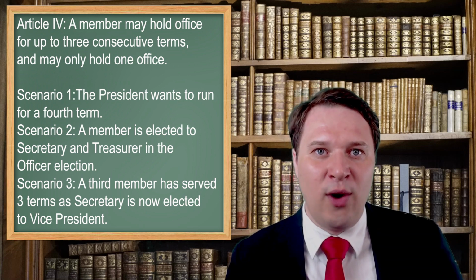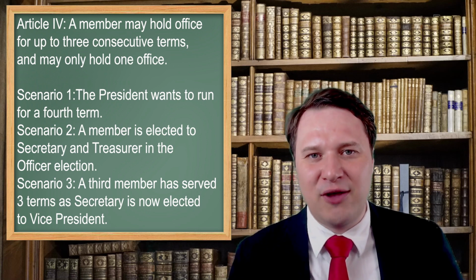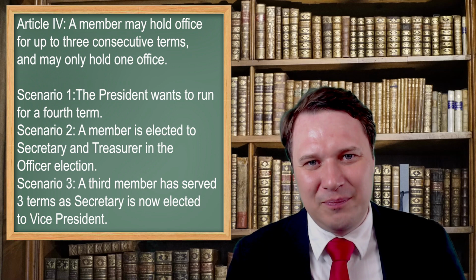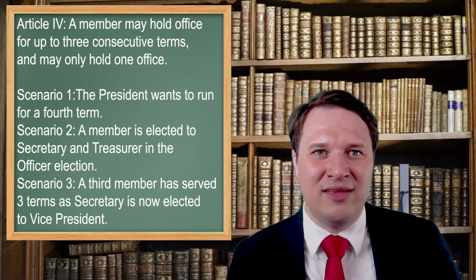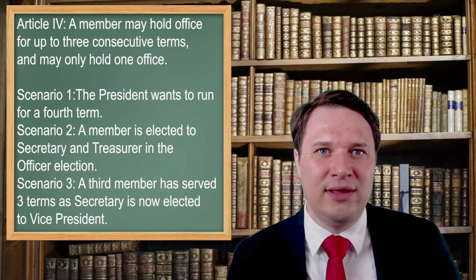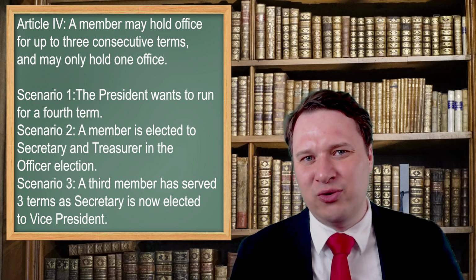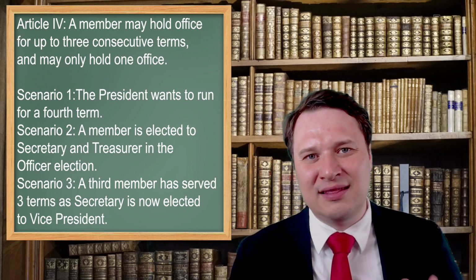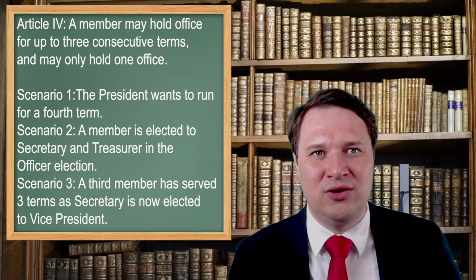Let's look at scenario number 3. A member who has served 3 terms as secretary was just elected the vice president. Is that allowed? Well, that one's a little bit trickier because let's read the bylaws. It says a member may hold office for up to 3 consecutive terms and may only hold 1 office. That one is a little bit more open to interpretation because you can see that they've gone from one position as 3 terms and has now gone on to a new term.